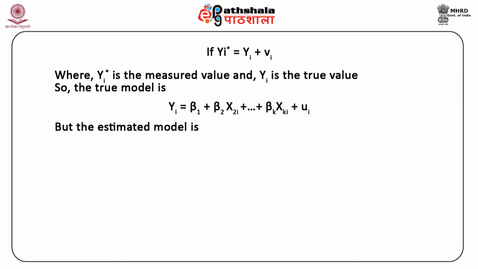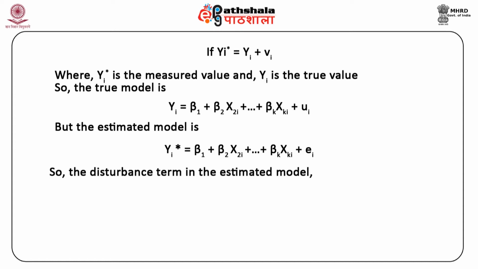But the estimated model is yi star is equal to beta 1 plus beta 2 x2i so on up to beta k xki plus ei. So the disturbance term in the estimated model ei is equal to ui plus vi.